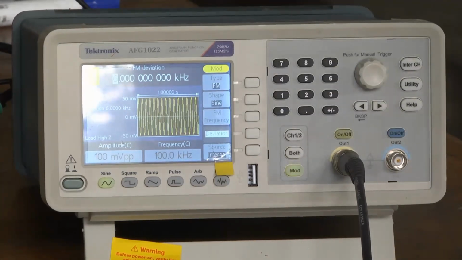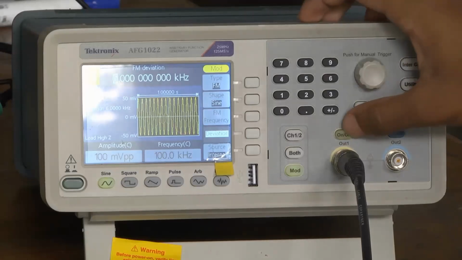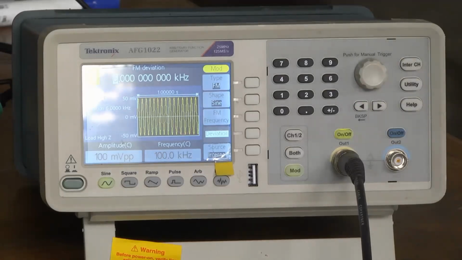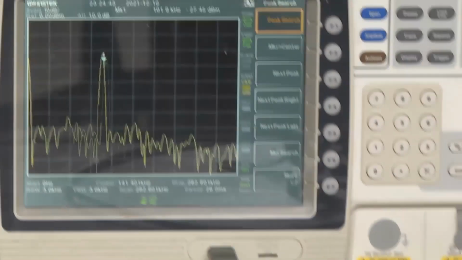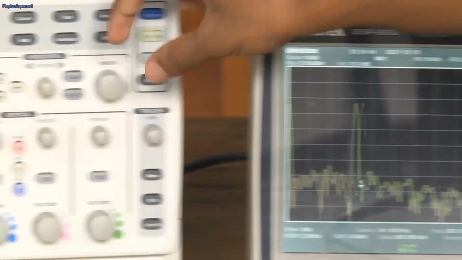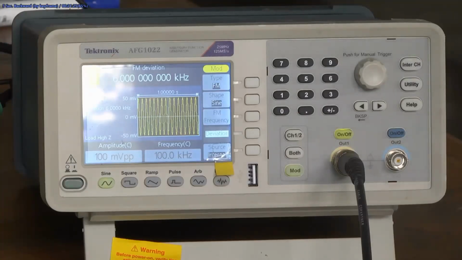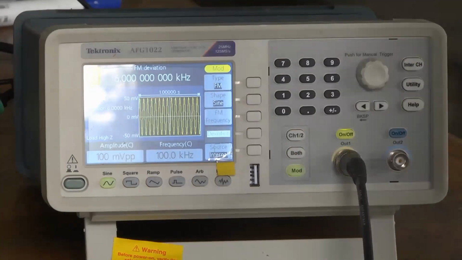So we have given all the values they have given. This is turned on, and now we can see the waveform from the spectrum analyzer.